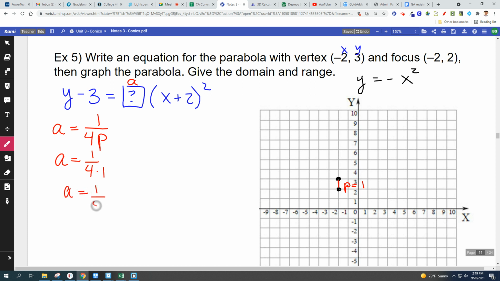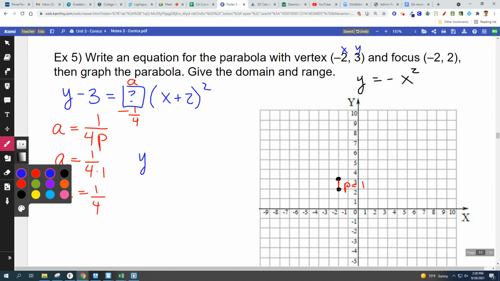A is 1/4, except since I know that it points down like this, that must be a negative 1/4, basically just to make it point down. So let's rewrite. Y minus 3 equals negative 1/4 times x plus 2 squared. There's your equation.